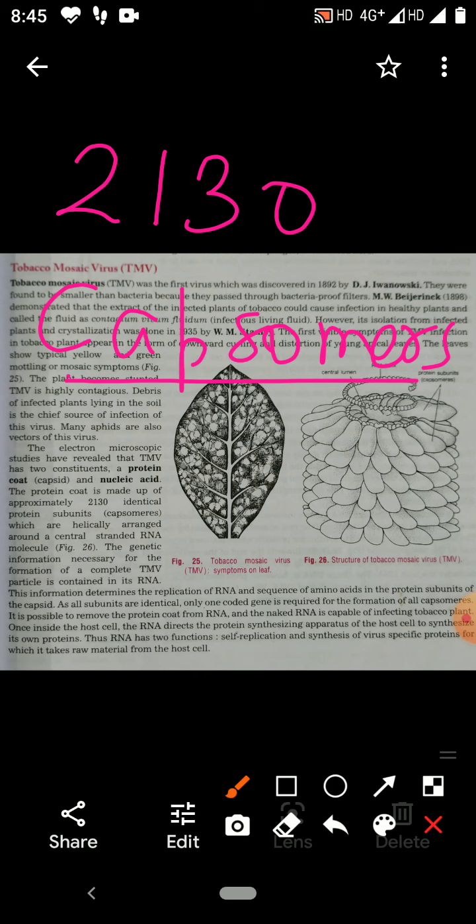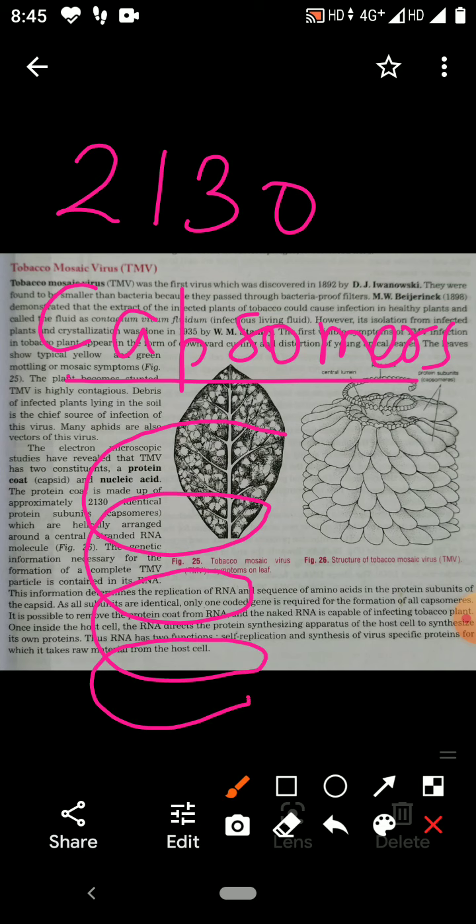So here is the RNA helix, and around this RNA helix is the protein coat, that is the capsid, made of capsomers. They are arranged on it like this.